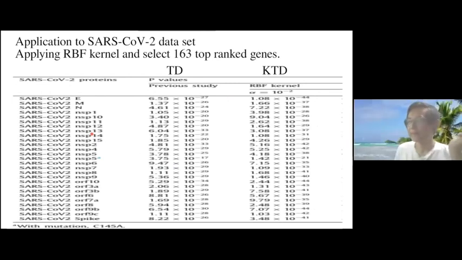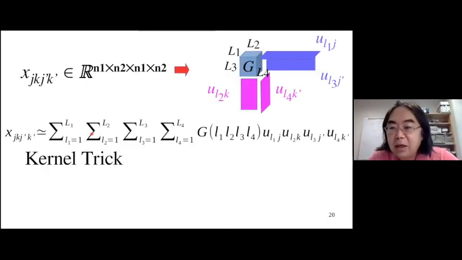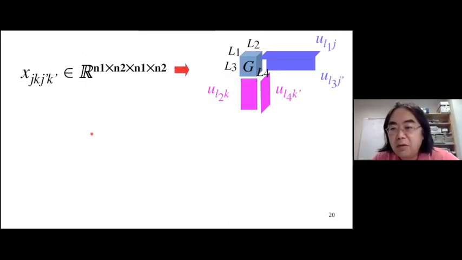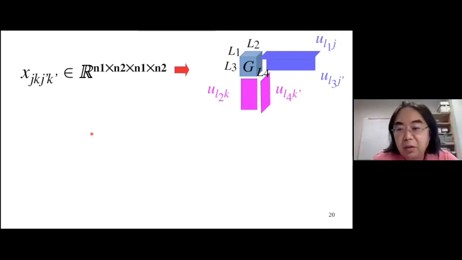So if you multiply it three times, do you get more? If you use a kernel which multiplies the data three times, not just two times, does the p-value get more significant?